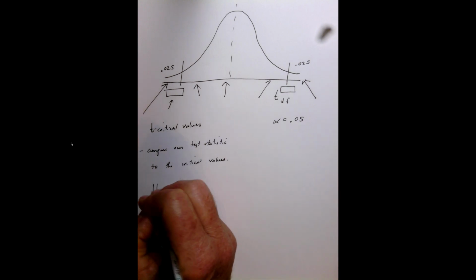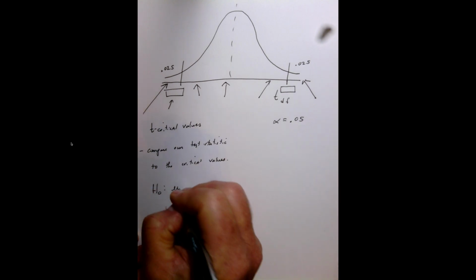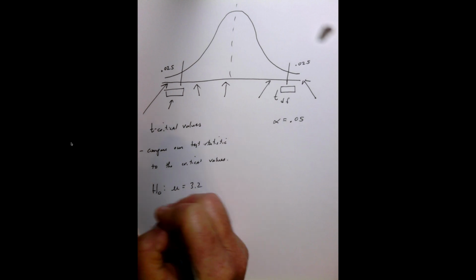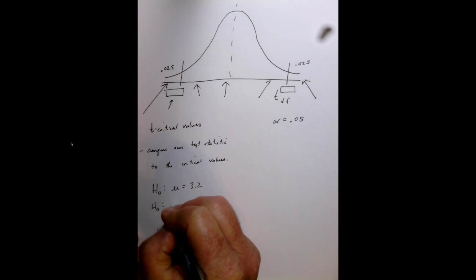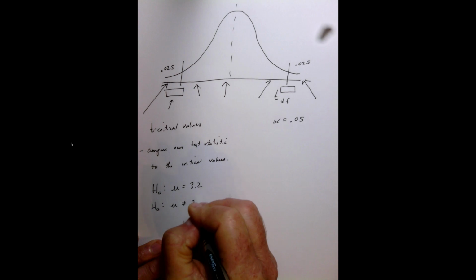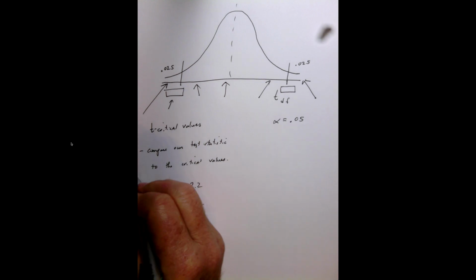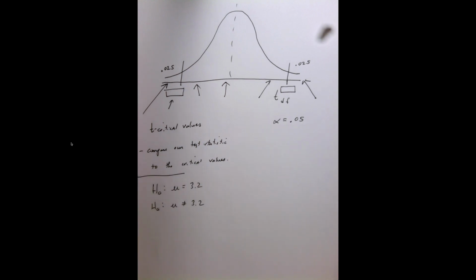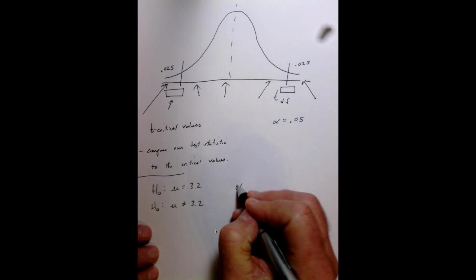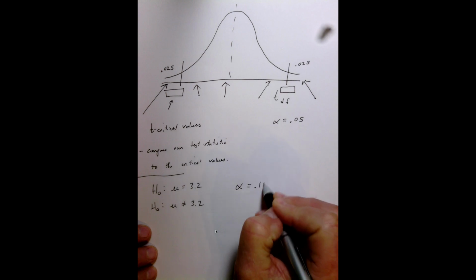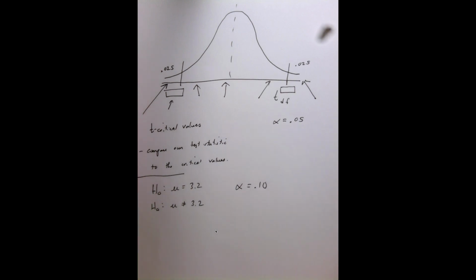So I'm going to demonstrate this process with the same data set, but let's jump into GPA this time. We're going to make the claim that the mean GPA is 3.2 versus not equal to 3.2. And let's say that our alpha level, instead of the typical 0.05, is 0.10.